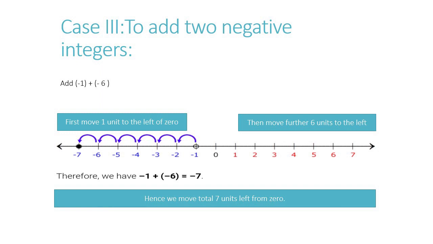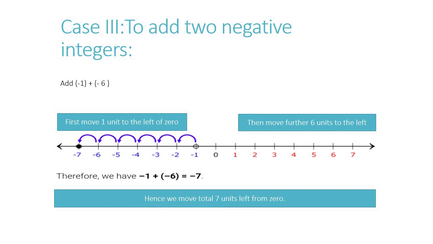Now we'll be taking the case when both the integers are negative. Two negative integers are to be added. For example, if we have to add minus 1 and minus 6. Again, we'll draw a number line. The first integer is minus 1, a negative integer. So, move 1 unit to the left of 0. This should be the first step.